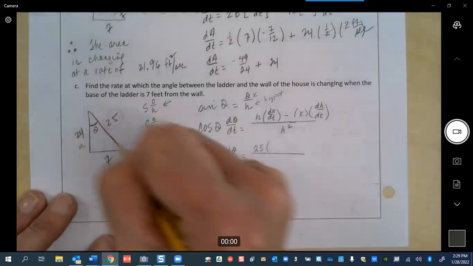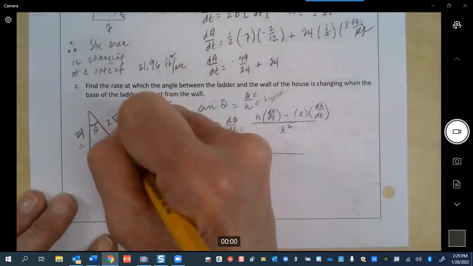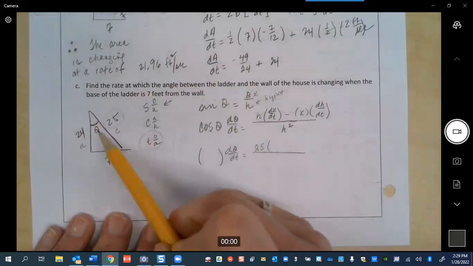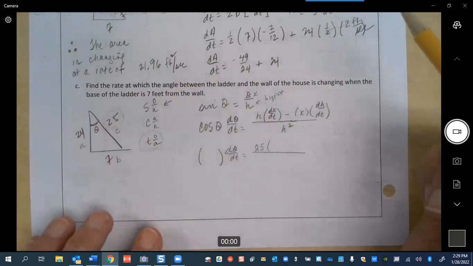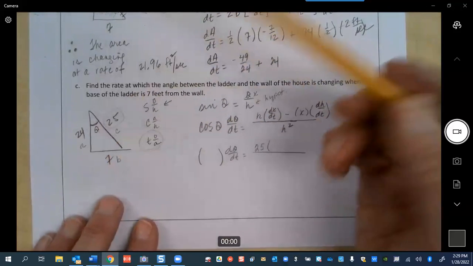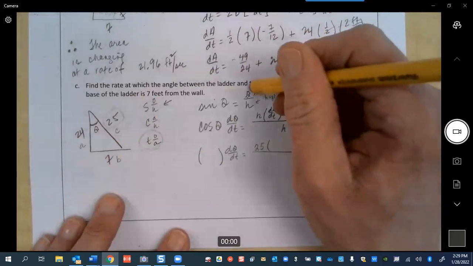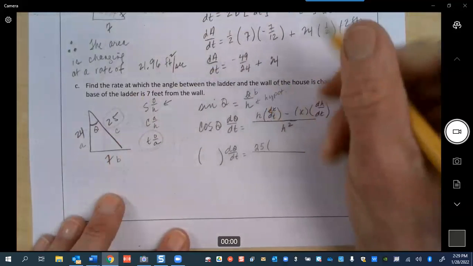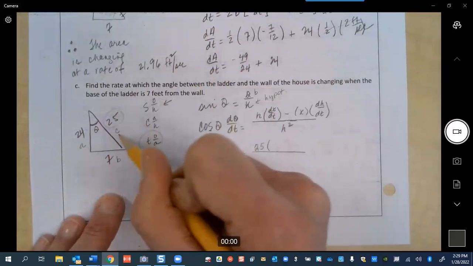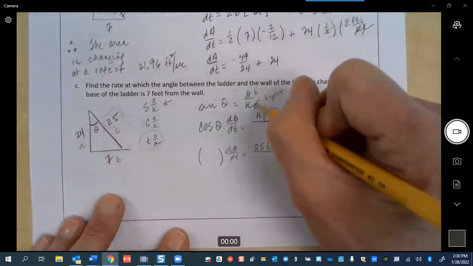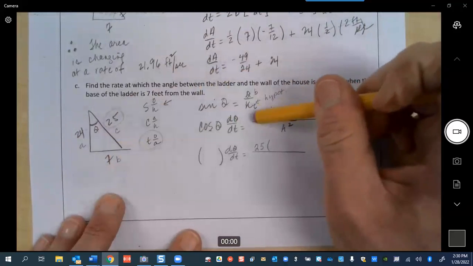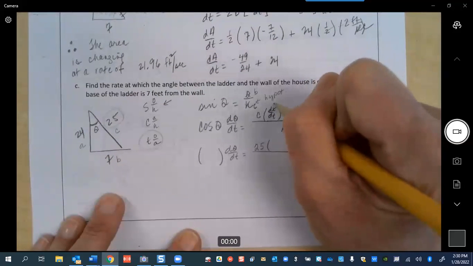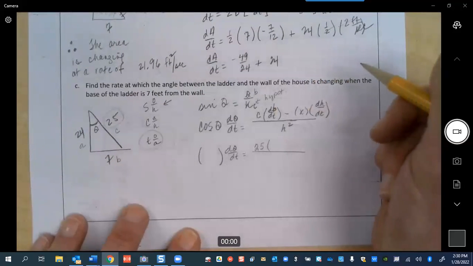Because we have this is our A and this is our B and this is our C, right? And there's our theta. So when we talk about the cosine of theta, maybe we should have called that our B. And then our H is actually our C. So that we know that we have our low and our D high is dB dt.